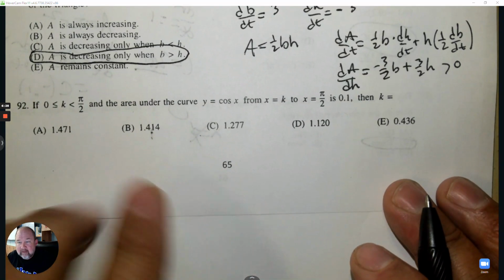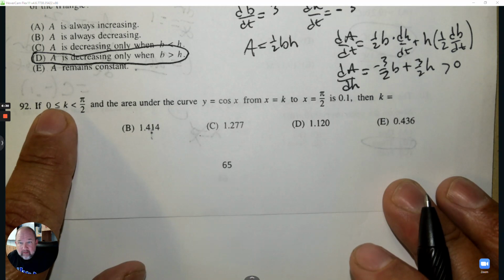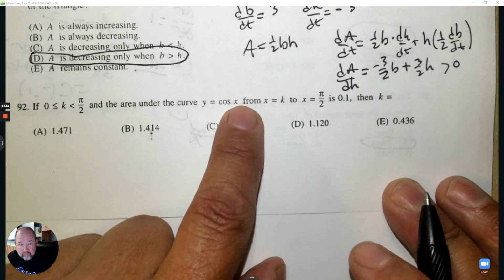Last one. K is between 0 and pi/2. This is the curve.